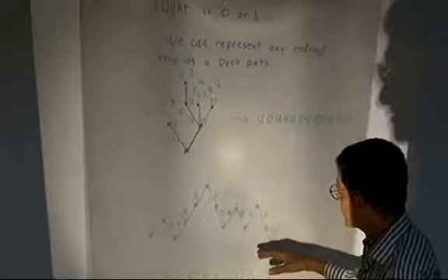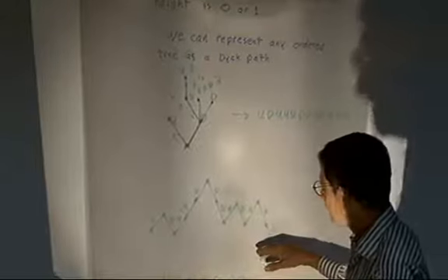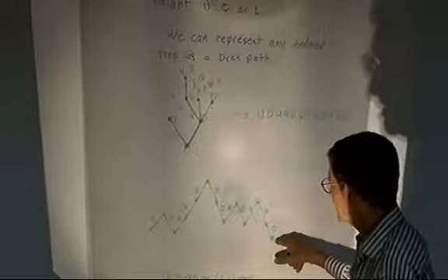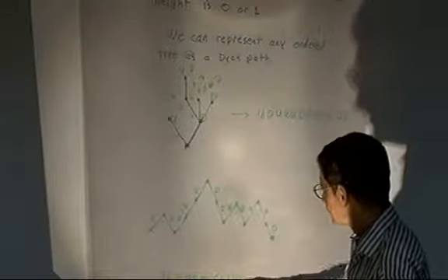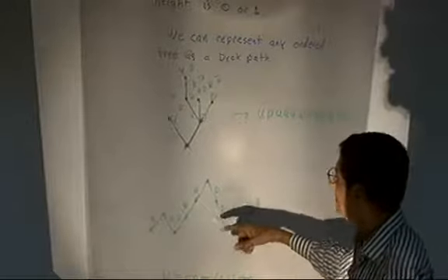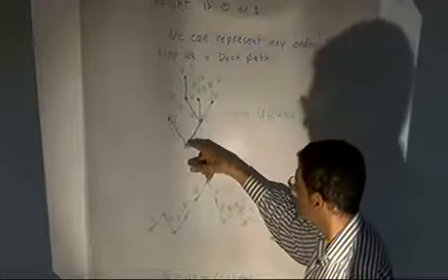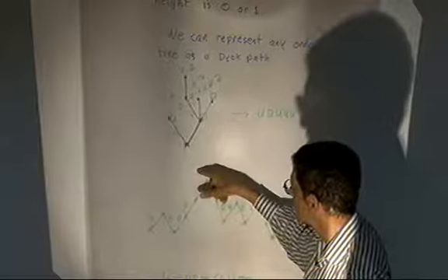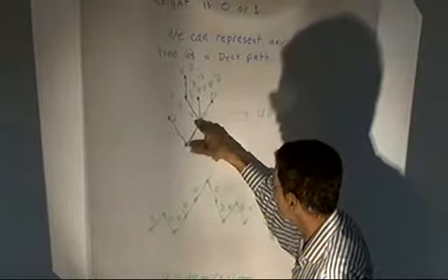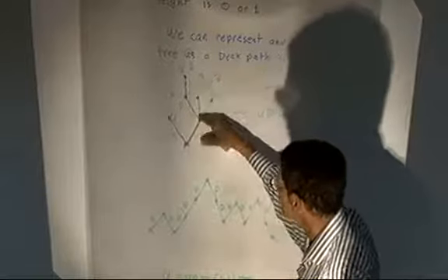And let's see, the requirements on our Dyck path: it goes from 0, 0 to 2n, 0, uses up steps and down steps, and never goes below the x-axis. That's immediate from the tree because any edge we traverse up before we come back and traverse it down.